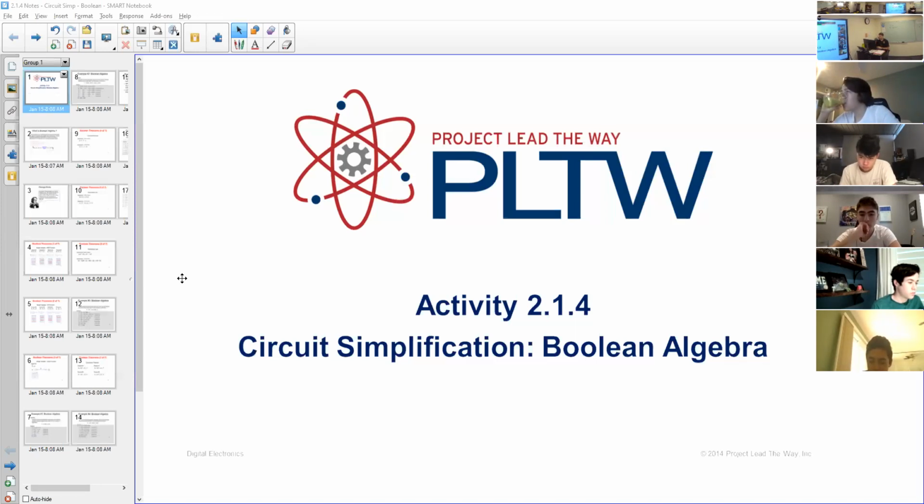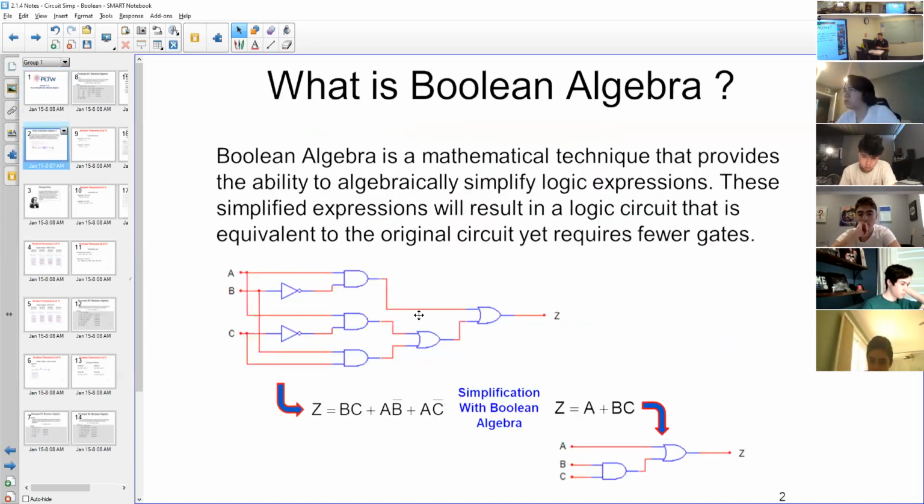Now, the idea of Boolean algebra in this sense is to take a circuit that looks like this one here on the left. So we've got two inverters, three AND gates, and two OR gates that would give us the expression BC plus A naught B plus A naught C. But when we use Boolean algebra, we can simplify this expression down to A plus BC.